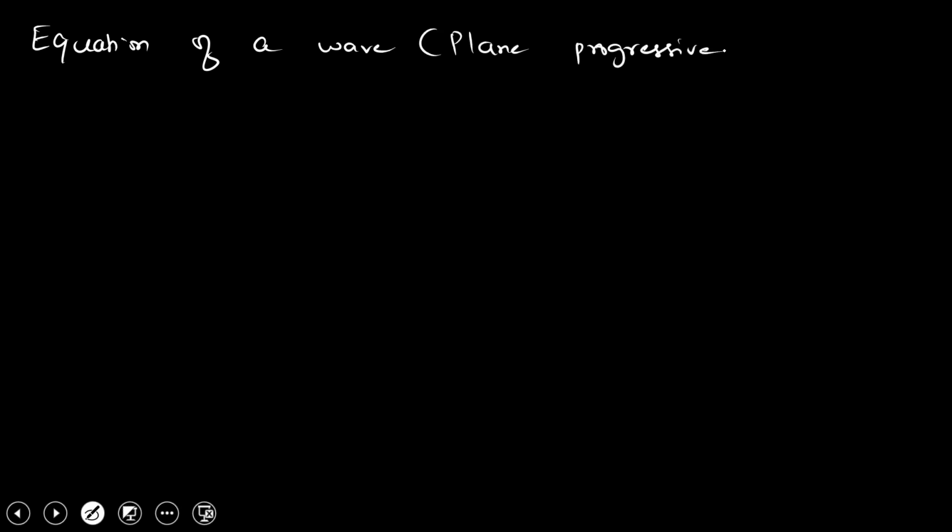Write down the equation of a wave. This wave is also called a plane progressive wave.